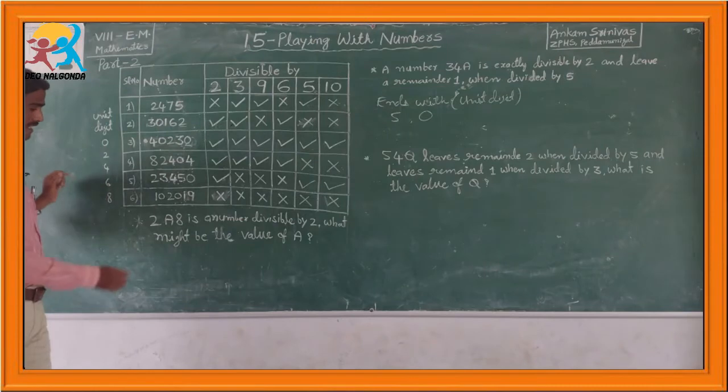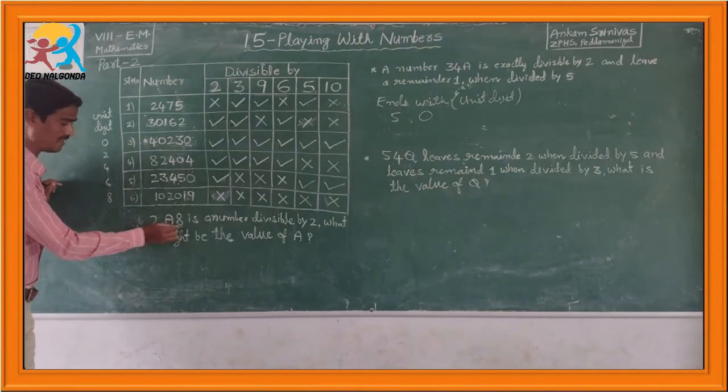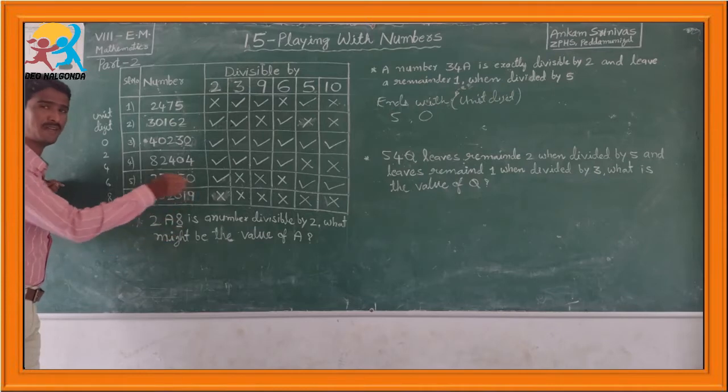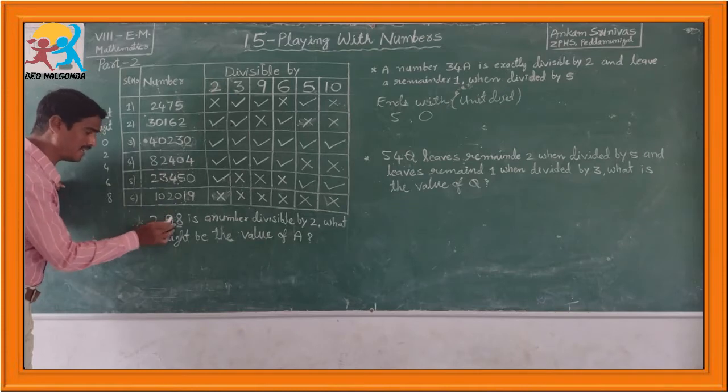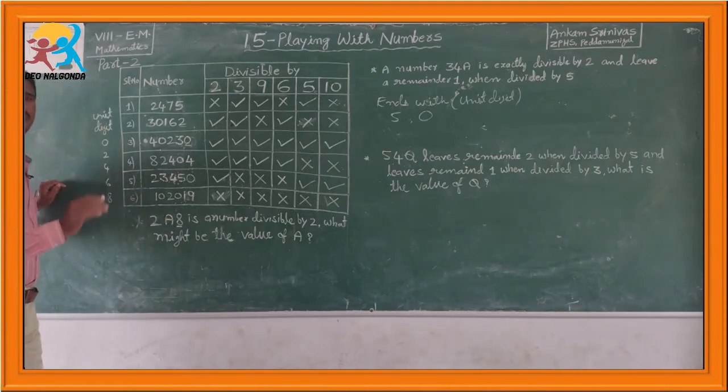So my dear children, here the already given number's unit digit is 8. So this number is divisible by 2. Then for the divisible by 2 number, you can take any digit.